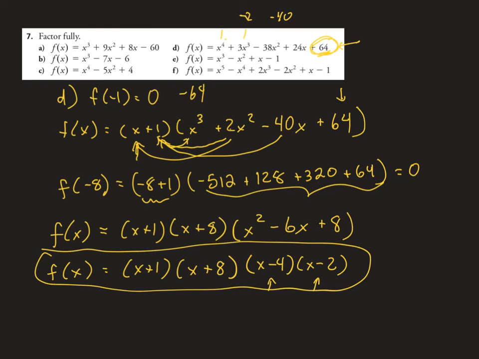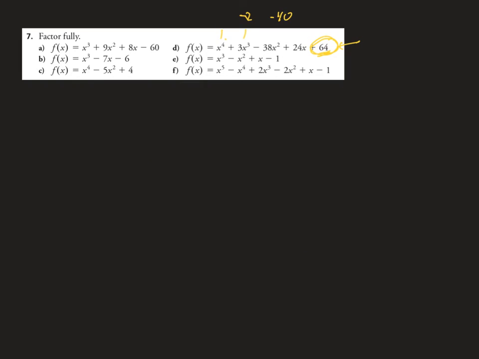All right, let's erase this and do part E. So E. Oh, nice small numbers. Let's try f of 1 equals 1 minus 1 plus 1 minus 1. Yep, that worked.